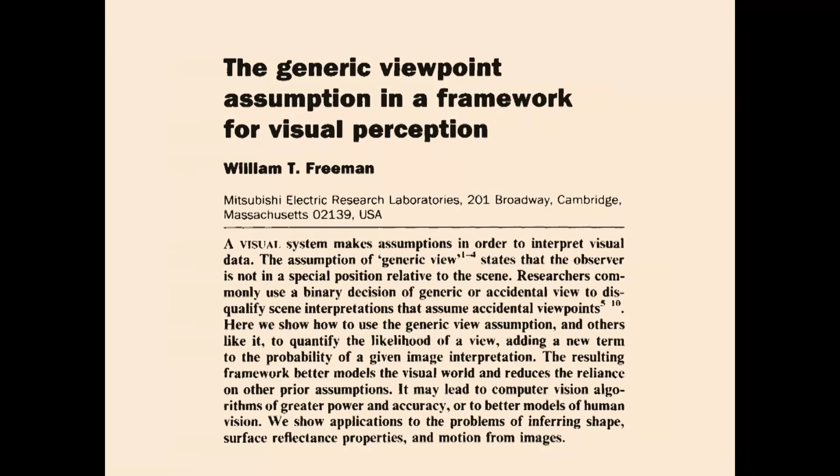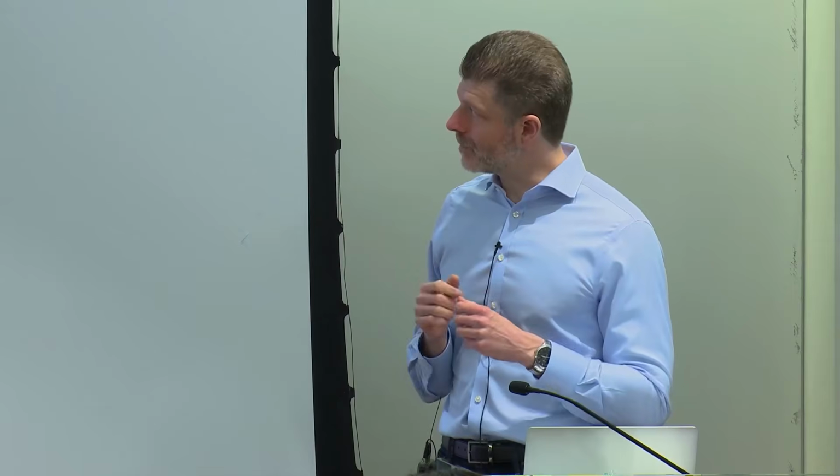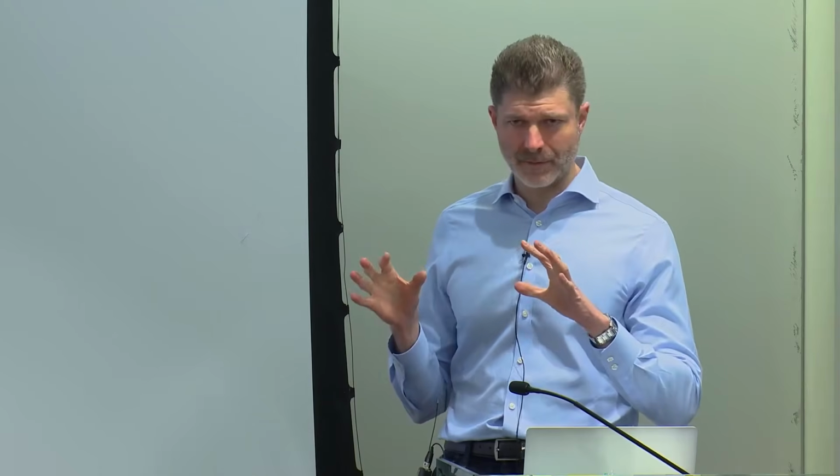At the time, he was at Mitsubishi Electric Research Labs, right around the corner. He came up with a really elegant way of thinking about the generic viewpoint assumption that clarifies everything in a beautiful way. It also links up to some of the Bayesian inference principles that we've talked about elsewhere in this class, which is one of the reasons I wanted to go over it.